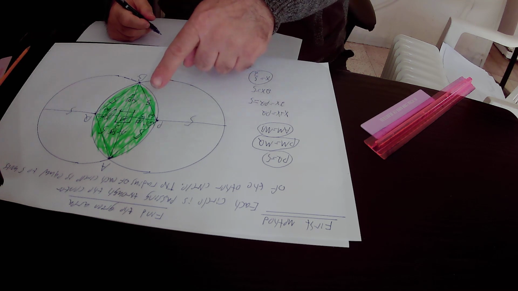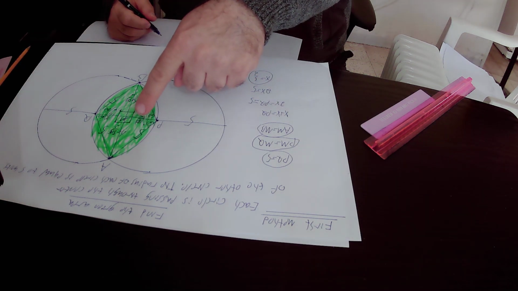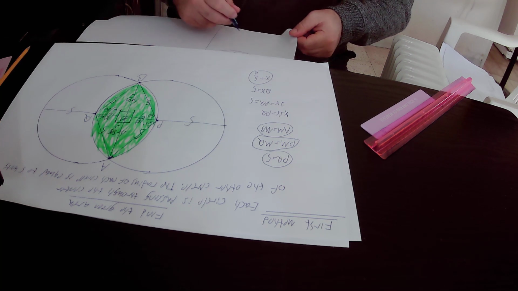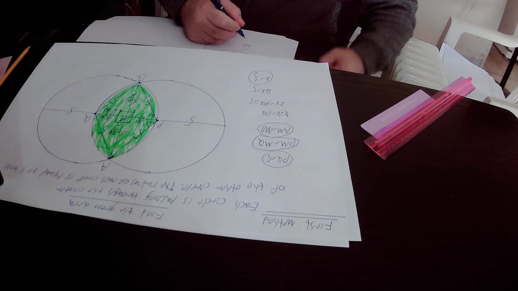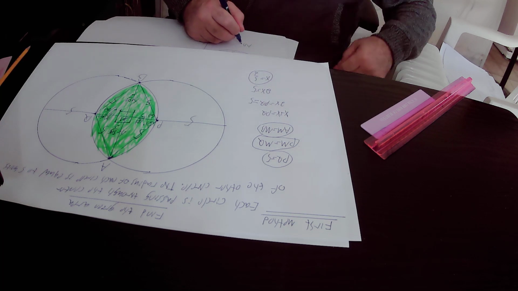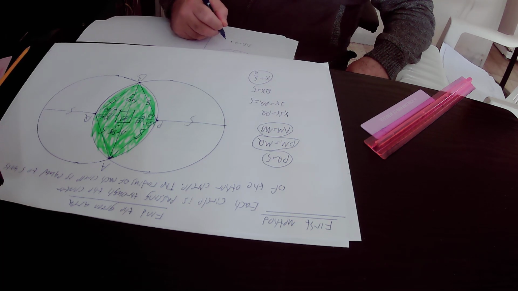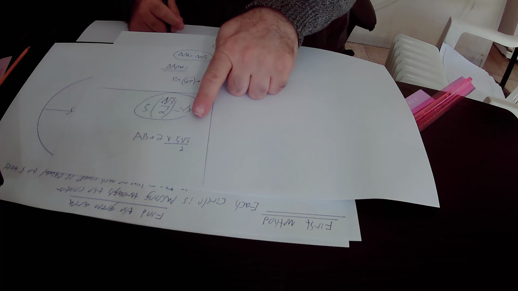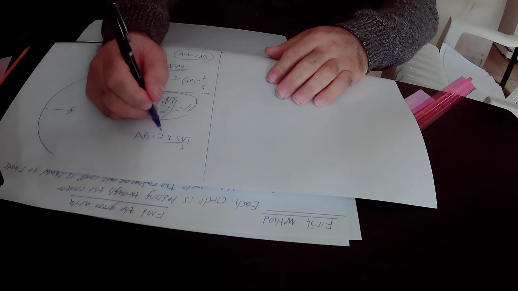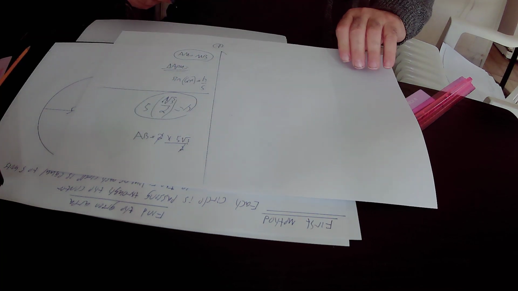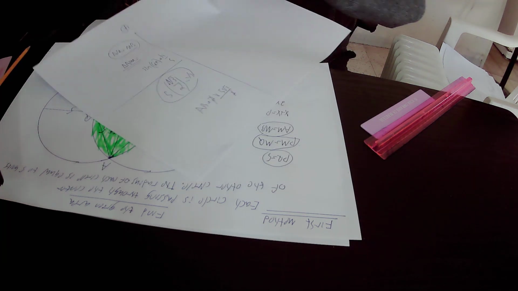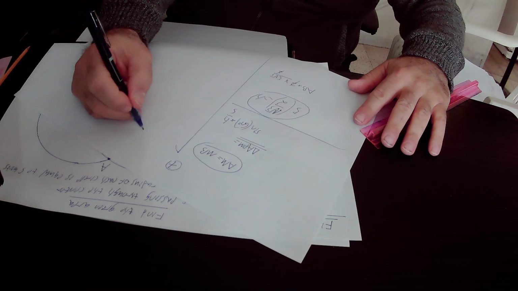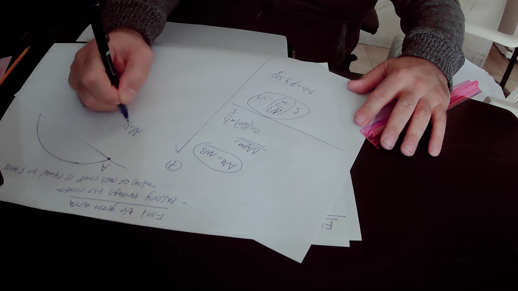So AB equals 2 times 5 times square root of 3 over 2. Here 2 over 2 is 1. So we found out that AB equals 5 times square root of 3.